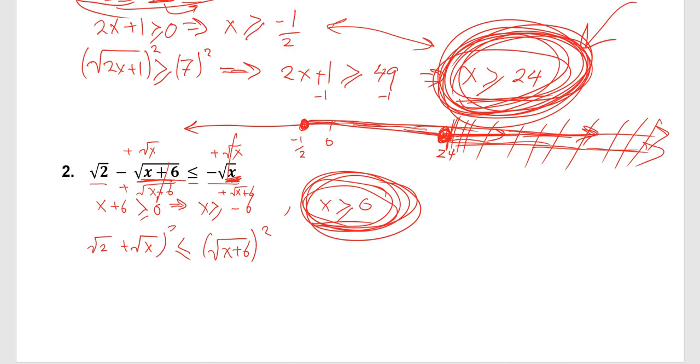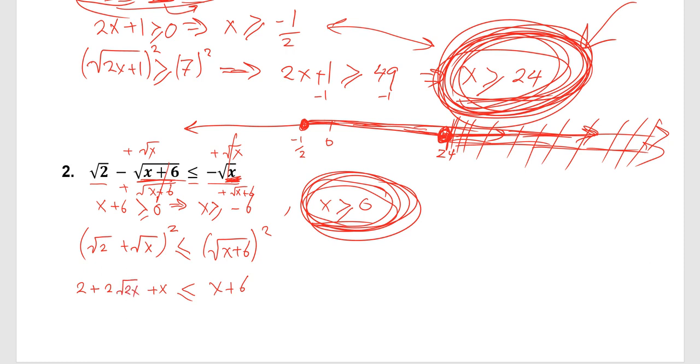Square both sides. So you'll get x plus 6 and then you'll get 2 and then plus x and then plus 2 square root of 2x.